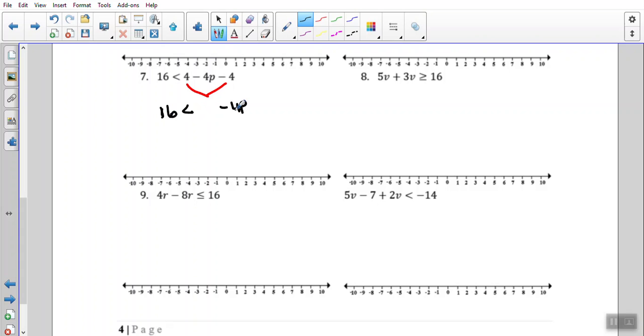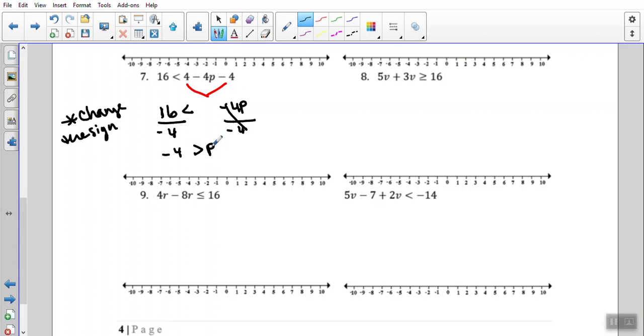So I have negative 4p is less than 16. I'm going to divide both sides by negative 4 to get the p, the variable, by itself. Divide by negative 4. 16 divided by negative 4 is just negative 4. But remember that this is where I flip the sign. So we need to change it to greater than, and you have p.